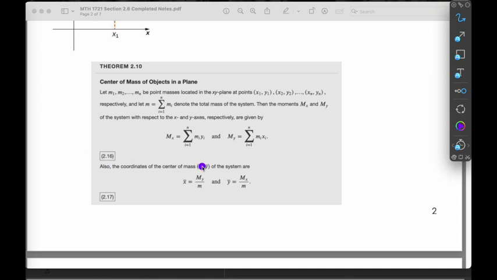And then to find the ordered pair for your center of mass, for your x-coordinate, you're going to take your moment about the y-axis and divide by your total mass. And then for your y-coordinate, you're going to take your moment about the x-axis and divide by the total mass.